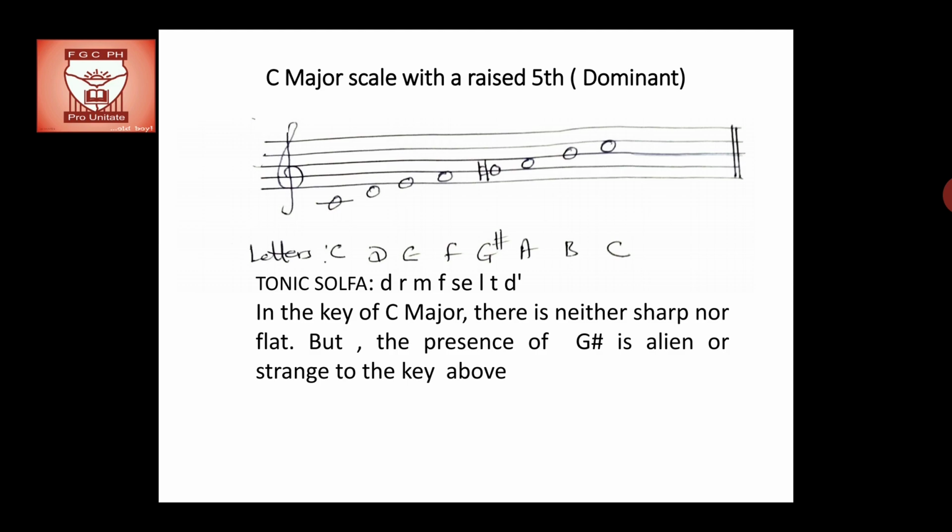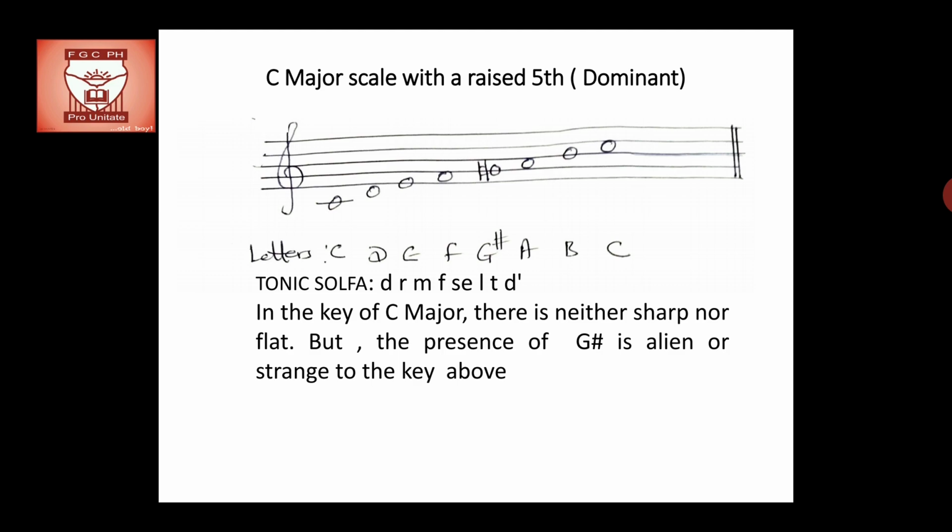Below is the tonic sol-fa of these letters, to be read do, re, mi, fa. Instead of sol, you can see si, la, ti, do. That is where the G sharp is coming in. But ordinarily in the scale of C major, we have do, re, mi, fa, sol, la, ti, do.